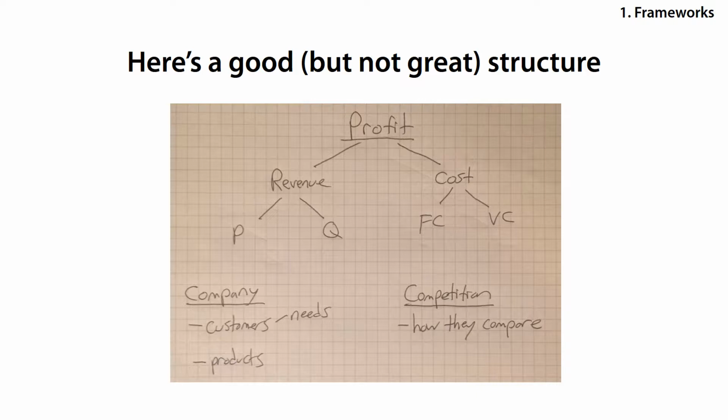And then I'd like to look at volume and see how has that changed over time. And then for costs, I'd like to see if any changes have happened in the client's fixed or variable costs. And then I'd like to take a look at the company, and I'd like to know more about the types of customers we have, what are their needs, and what are the types of products we offer. And then last, I want to see how the competition compares to us. What are they doing differently?